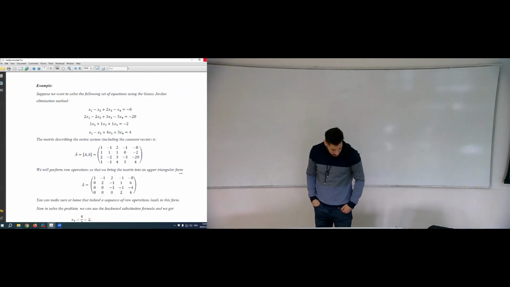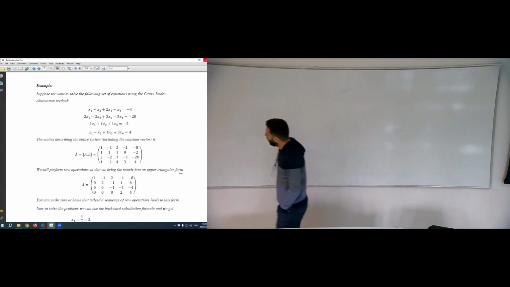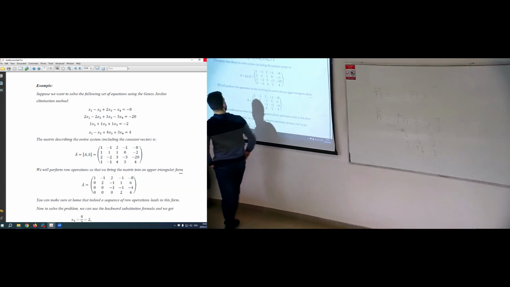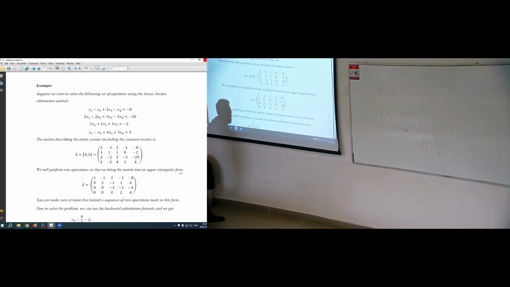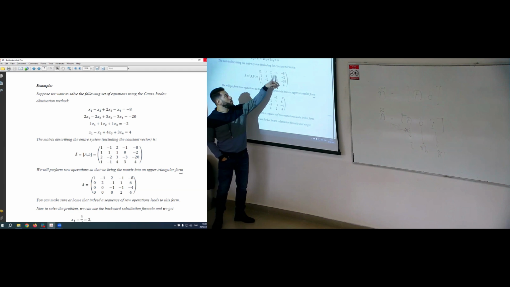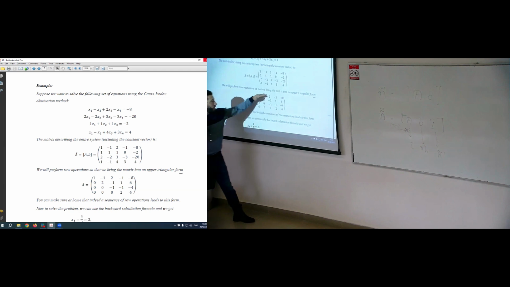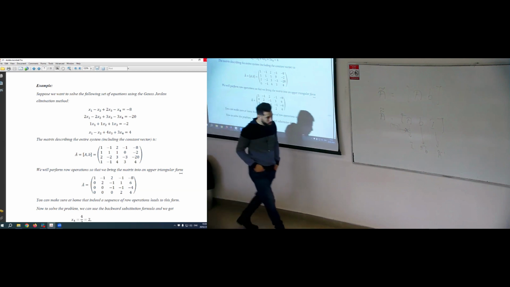Okay, so let's see an example. So these are the equations. I put them in the augmented matrix, and then take this row minus the first one, and so on, and get to this.